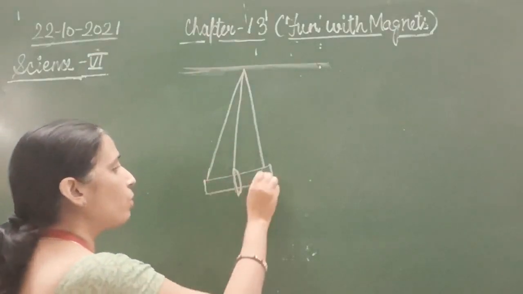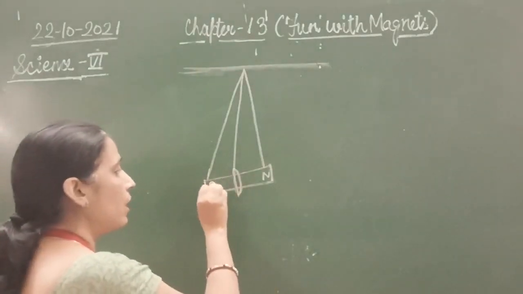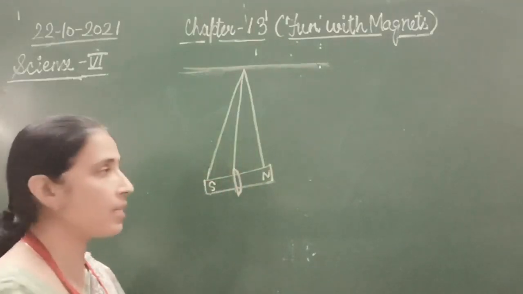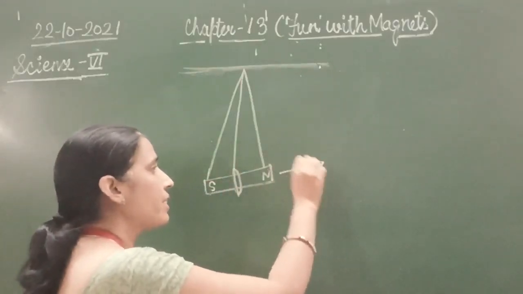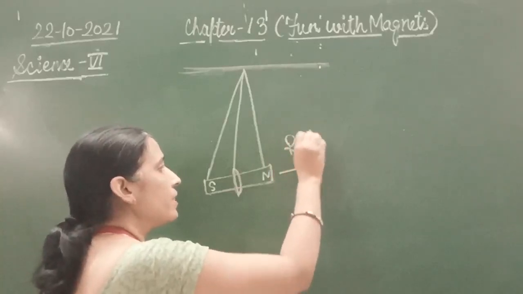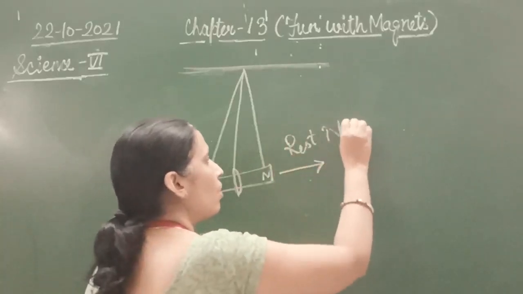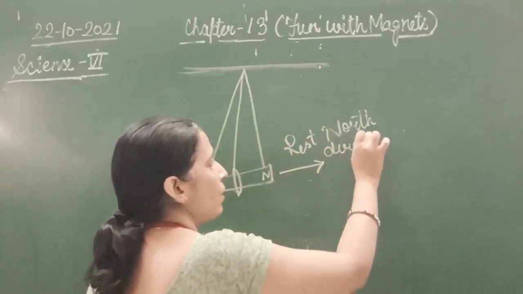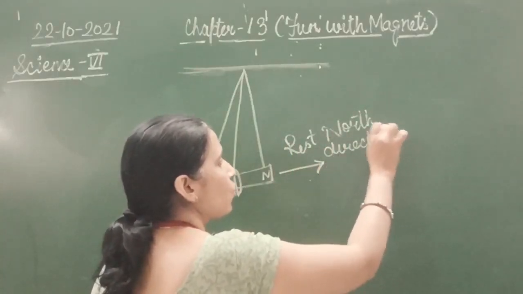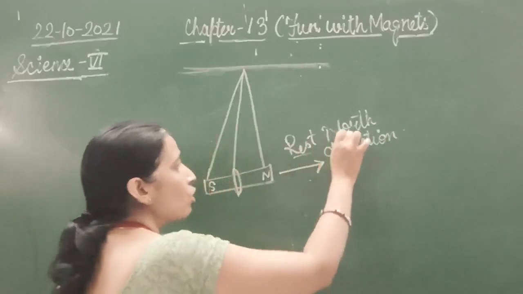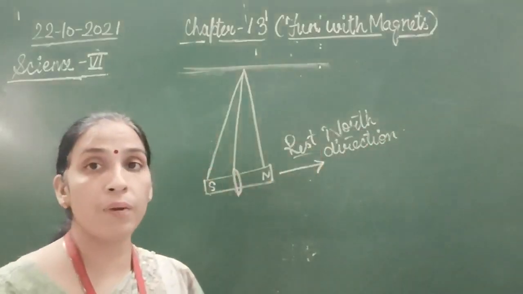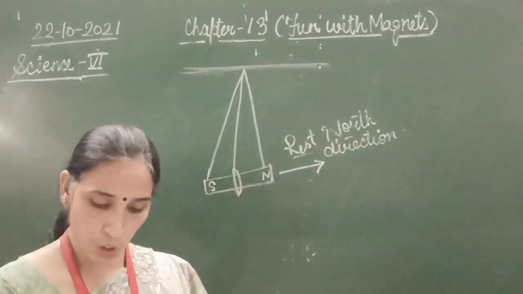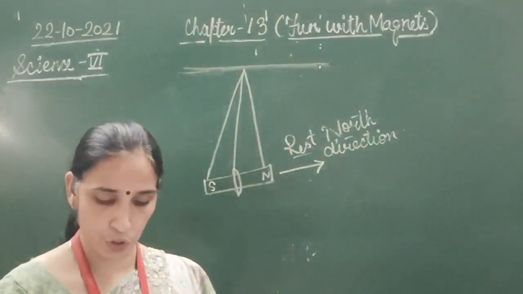We have two poles, north and south. This freely suspended bar magnet always rests in the north-south direction. That is the first property of a magnet.